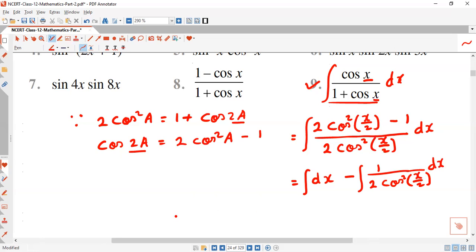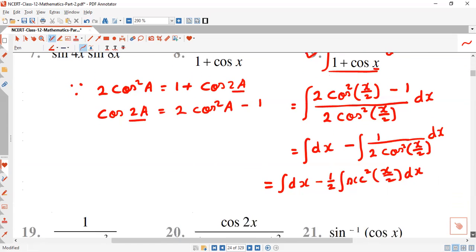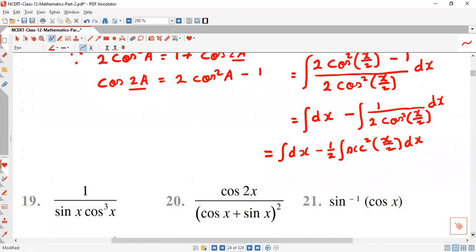This becomes the integration of dx minus half taken outside, taking the reciprocal, 1 upon cos is sec, so sec square x by 2 dx. Now we know the formula for the integration.